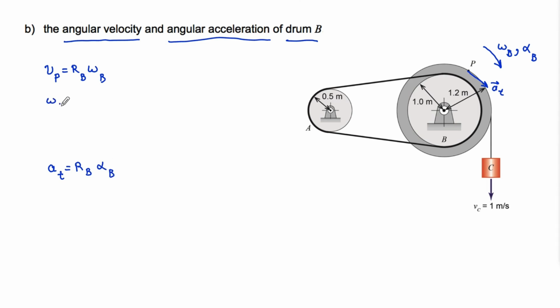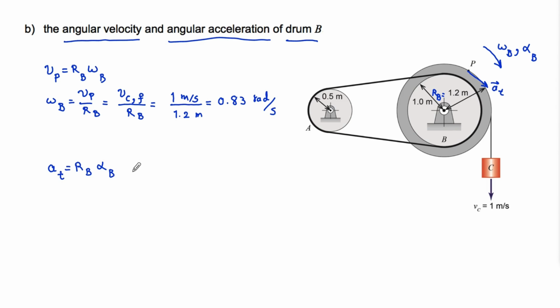We can find omega b as v at point P over rb, where v at point P is the final velocity that we had in part A. One meter per second over rb, which is 1.2 meters, and then we get 0.83 radians per second.